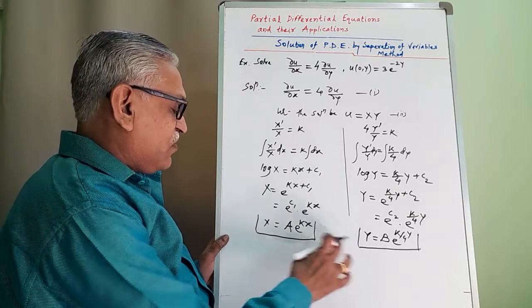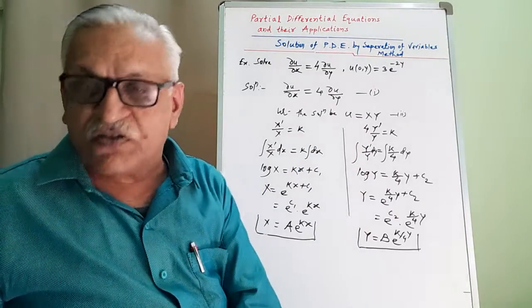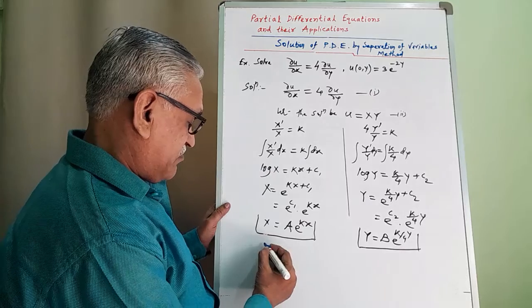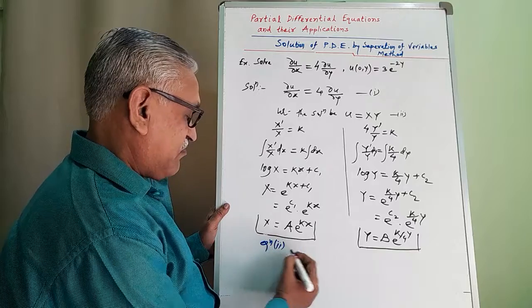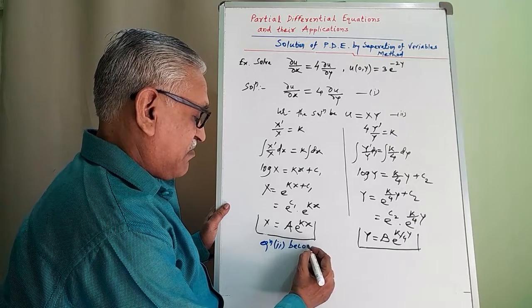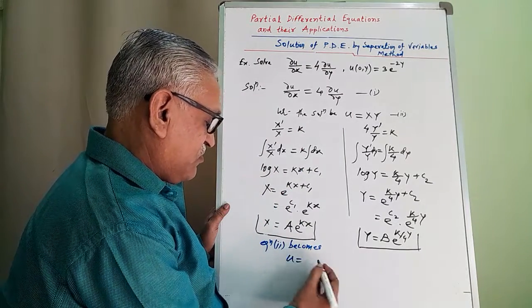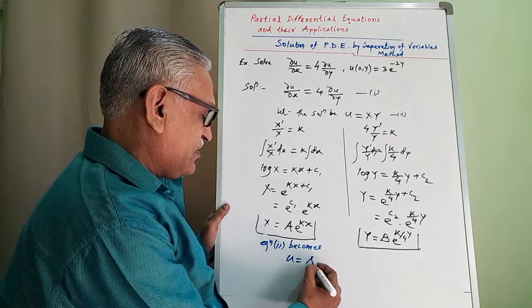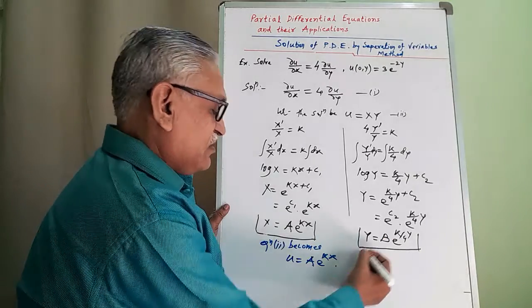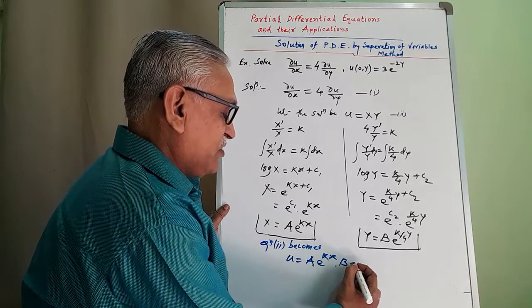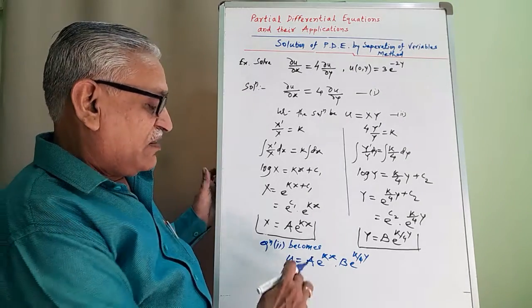Whatever these two values of capital X and capital Y, we substitute in equation 2. Equation 2 becomes u = A e^(kx) multiplied by B e^((k/4)y).